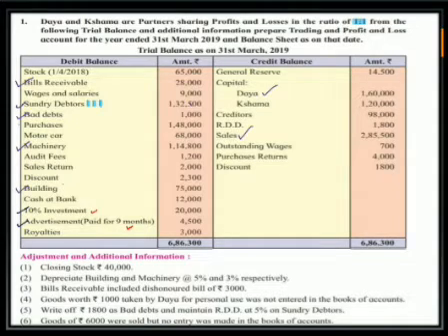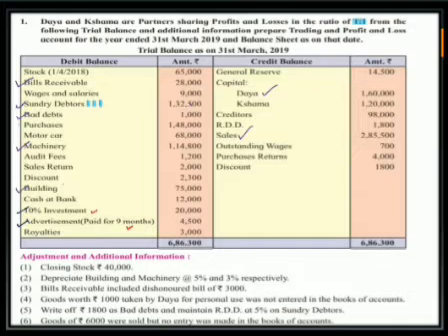Next, I will read out the debit side of the trial balance. Stock on 1st April 2018 is given, rupees 65,000. Now always remember, after preparing the trading account, profit and loss account and the balance sheet, first we have to write down the 5 items by default.